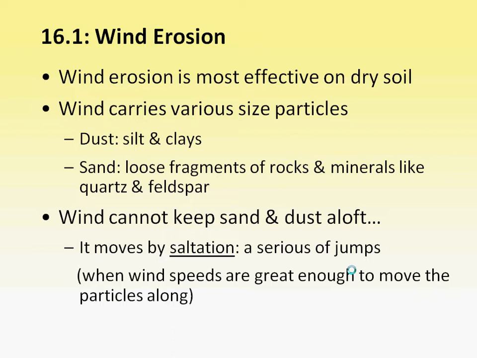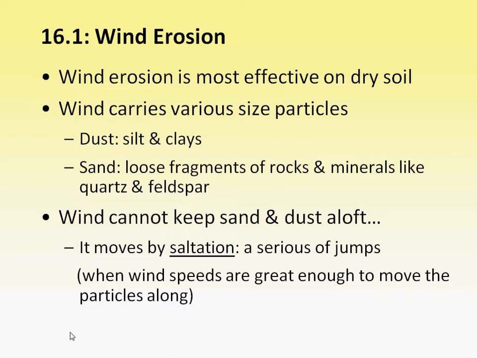Now, we've talked about this process. It's called saltation. And basically what happens is, and the people who are watching this can't see this because I'm pulling up the whiteboard, but basically we have wind blowing in the direction going this way, and as the wind's blowing, it picks up the particle, but then as the wind speed decreases, the particle falls to the ground, and as the wind picks up again, it takes off again.